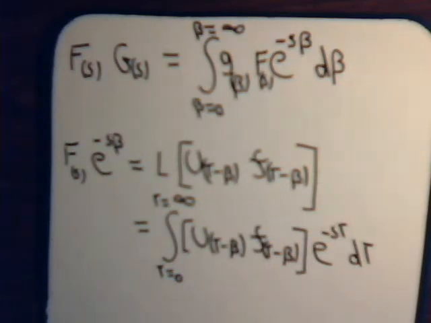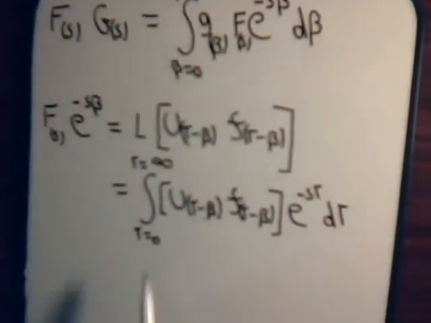Now, what effect does the unit step function have? This is always 0 except when t equals beta or is greater than beta. If t is less than beta, this is 0. So the limits aren't really starting from t equals 0, it starts when t equals beta.